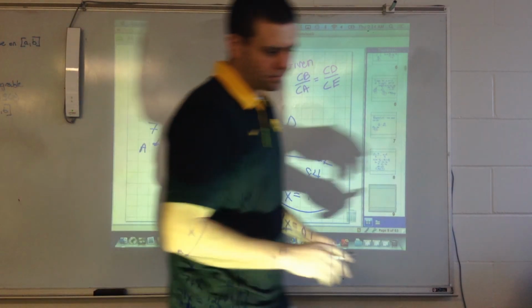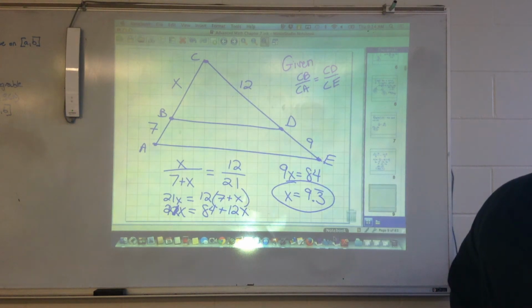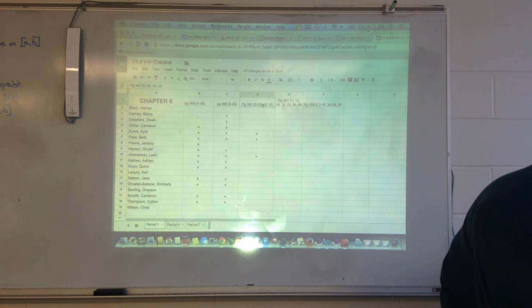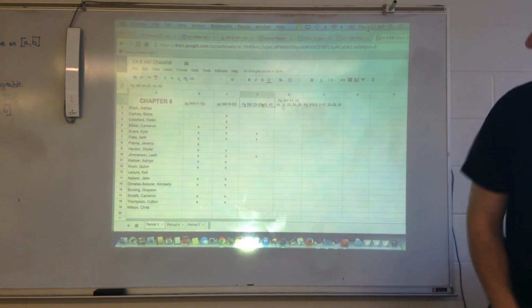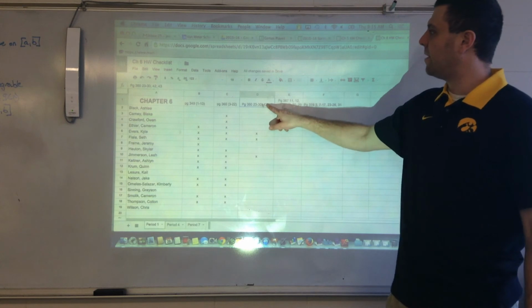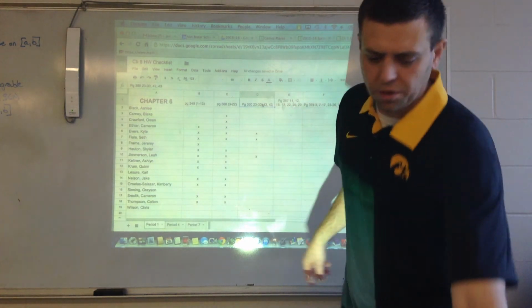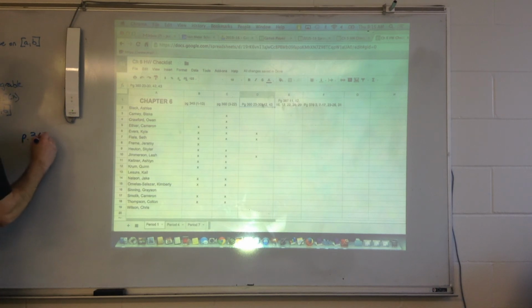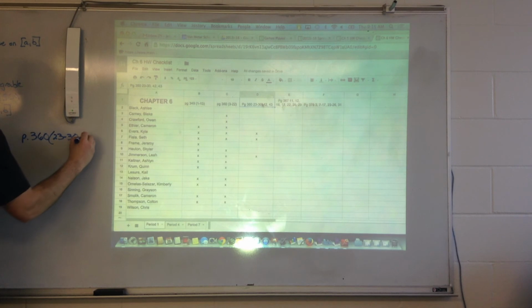The assignment or assignments, if you will, that you can be working on are these two. First, page 360, 23 through 30, 42 and 43.